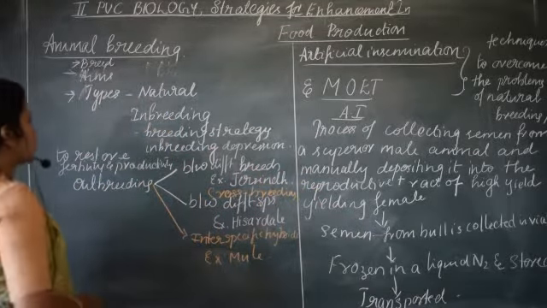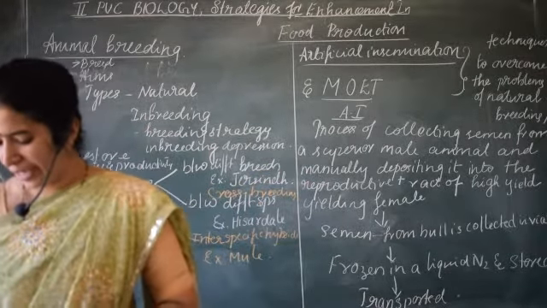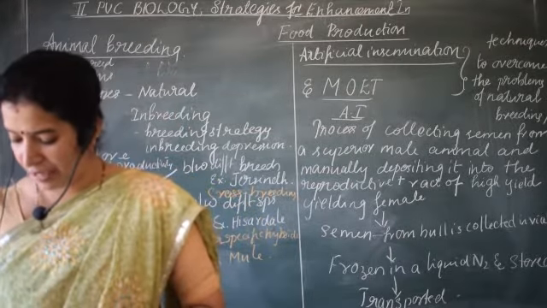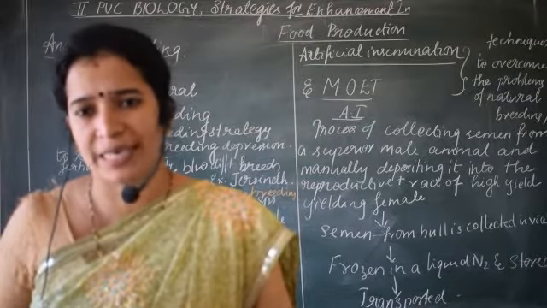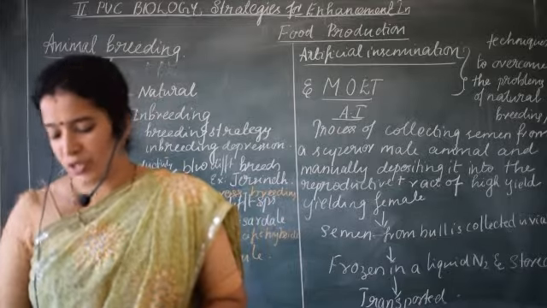What does natural breeding mean? Natural breeding means breeding between closely related animals, which usually occurs naturally within the animals.